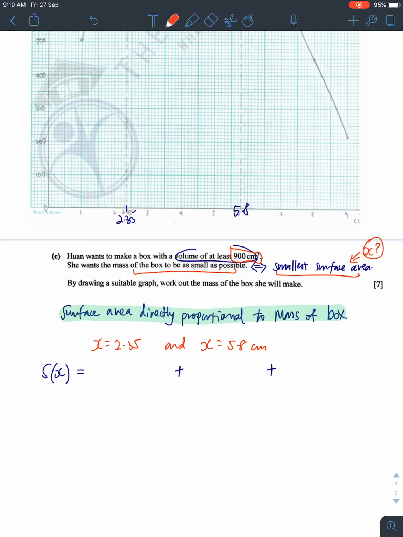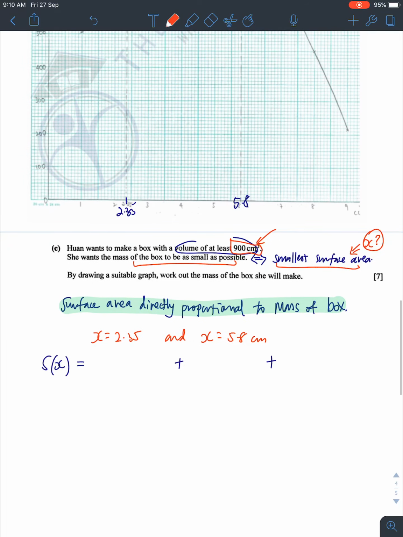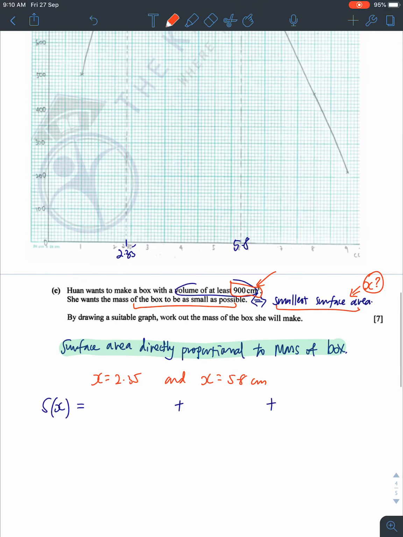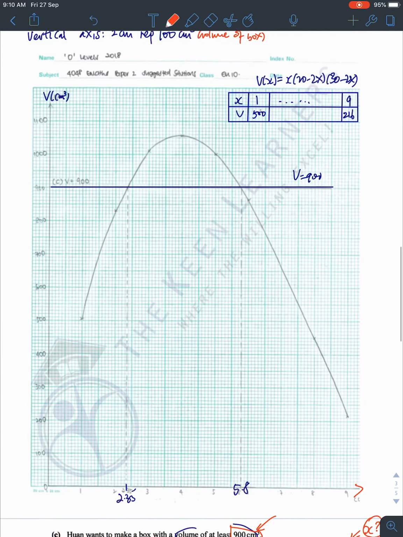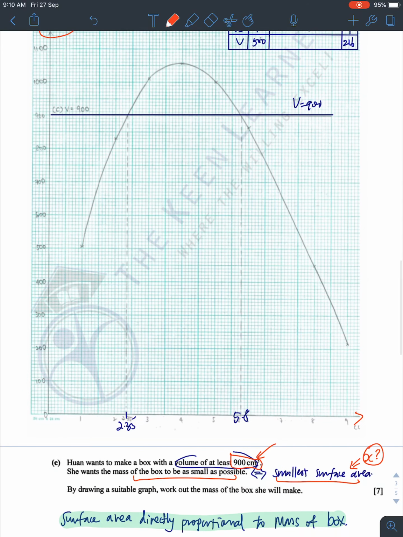So in order to determine which values of x we need, we simply need to consider this information in the first line. We need the box with a volume of at least 900 cm cubed. One easy way to do that is to consider a graph of V against x.